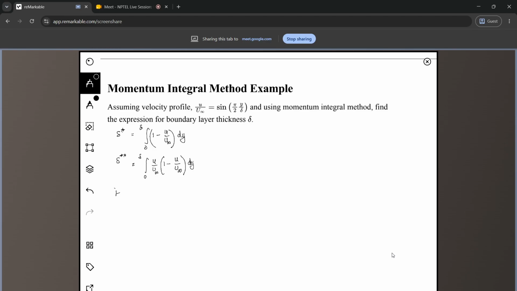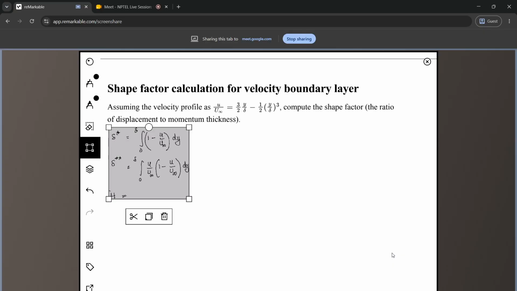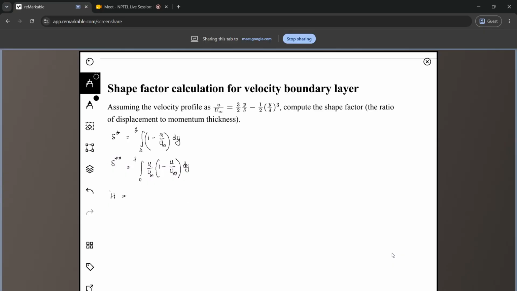And shape factor, I'm calling it H, is given by the ratio of displacement to momentum thickness. We'll talk about what the value implies physically also, but first let us solve this problem.